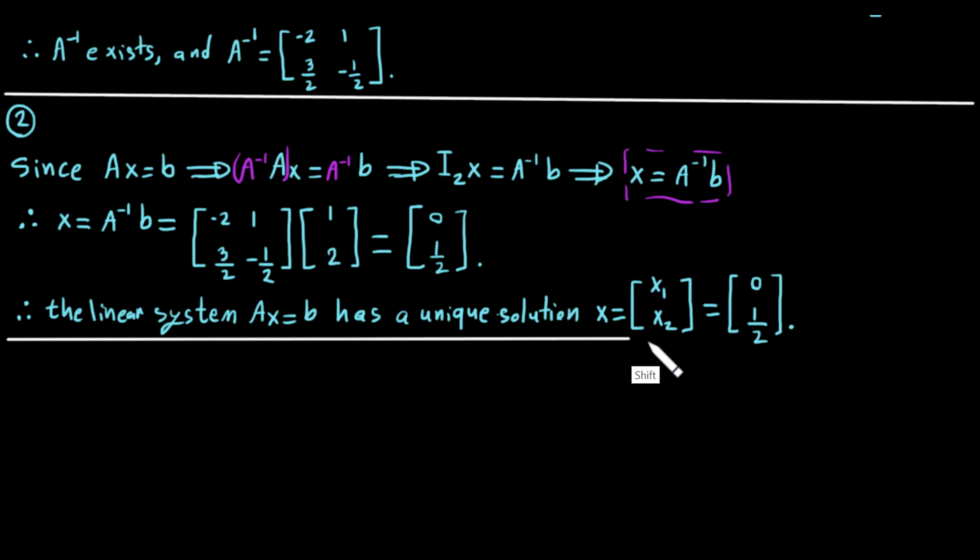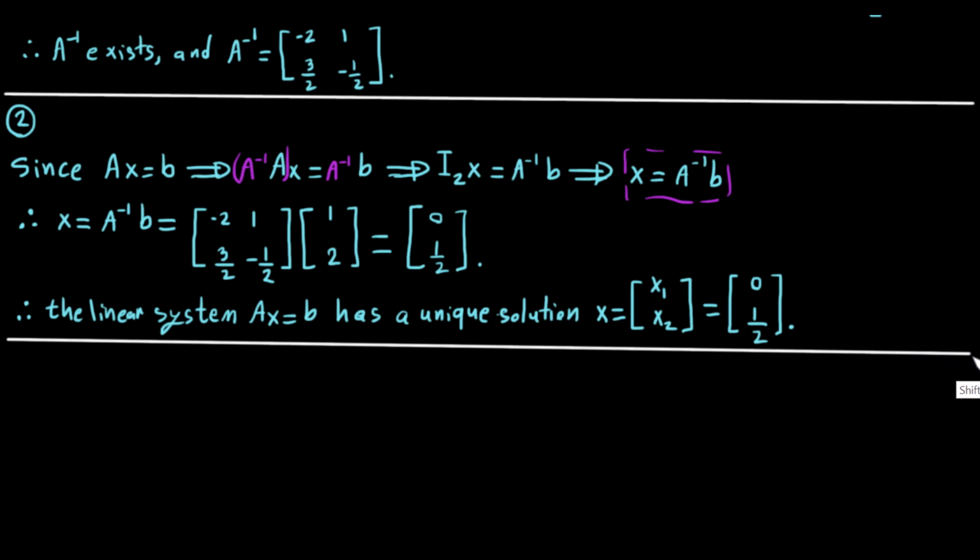That's it here. Now let's confirm also this solution is indeed the solution for the linear system AX equal B. How to confirm this?